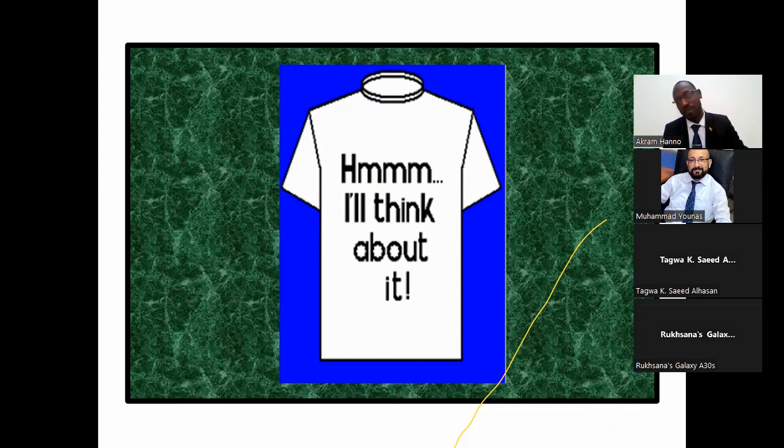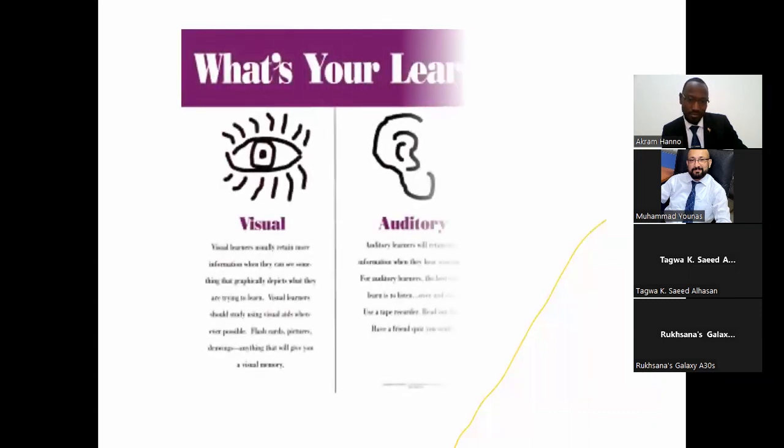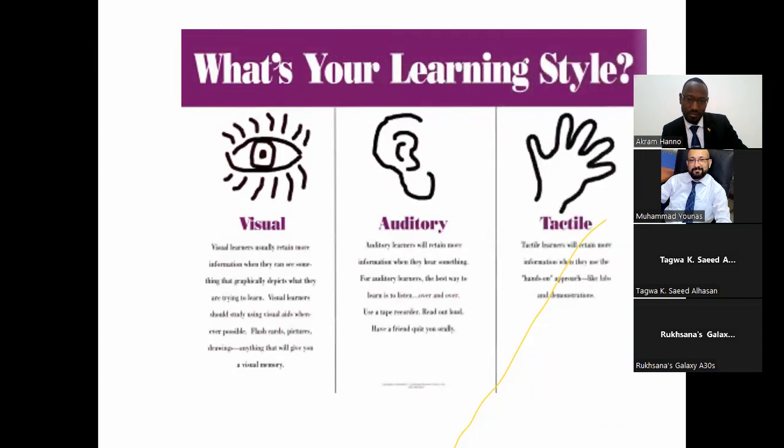So when we are recapping the learning styles, here is the question: think about what your learning style is, so we can tell whether it is tactile, auditory, or visual.